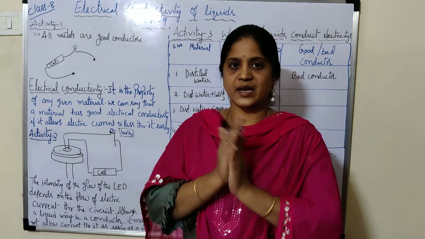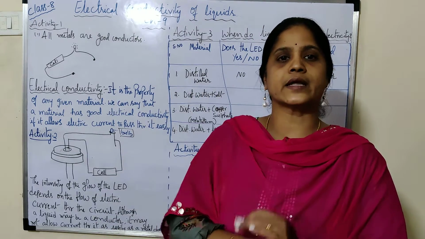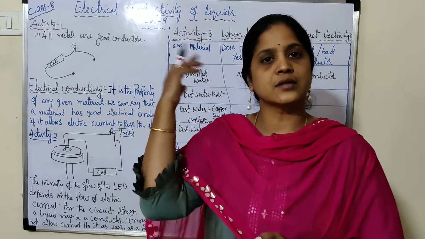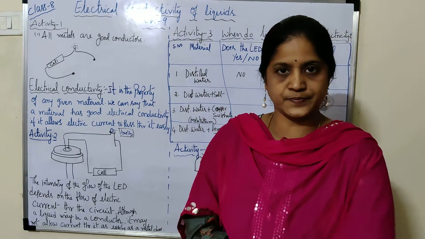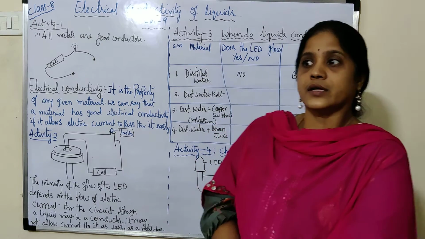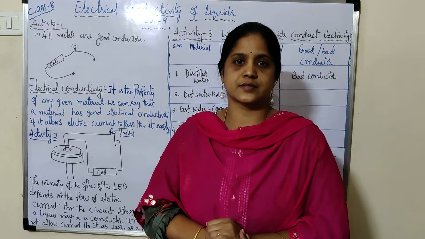So the materials are mainly classified into good conductors and bad conductors. One more category is semiconductors, which you will learn in higher classes. And in the 4th chapter you learned that all the metals are good conductors.